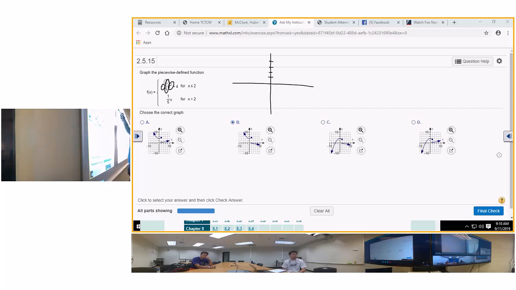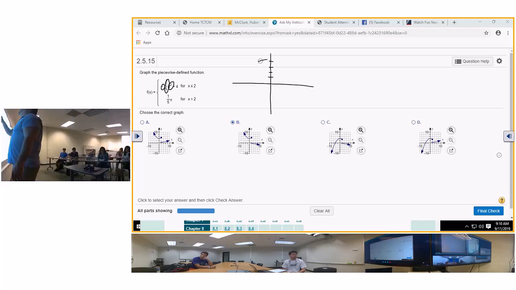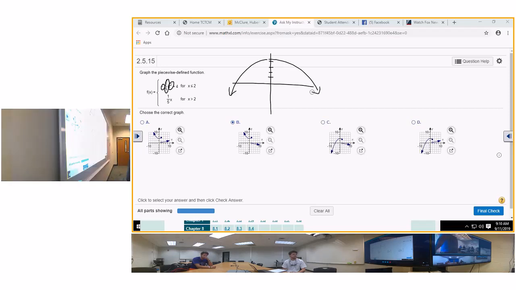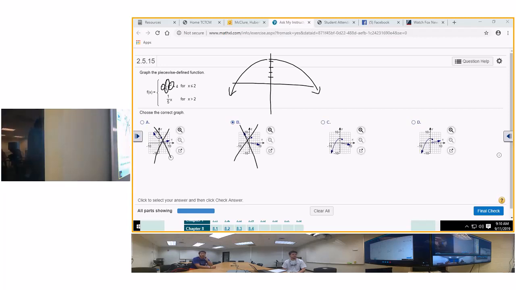It's wide. So I'm just going to draw something like this. I have no idea if that's about right, but I'm just drawing it. So we know that these two are not it, because those are the only two with the parabola going downward.